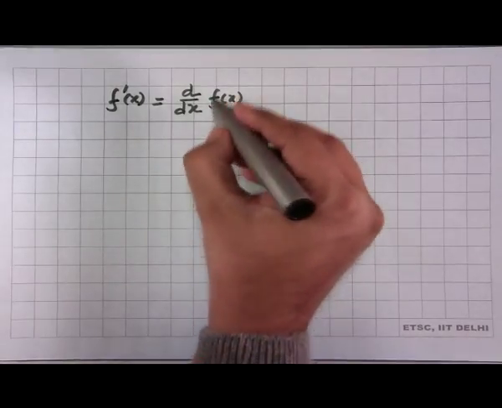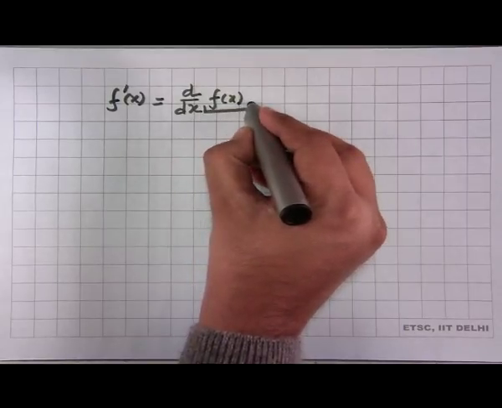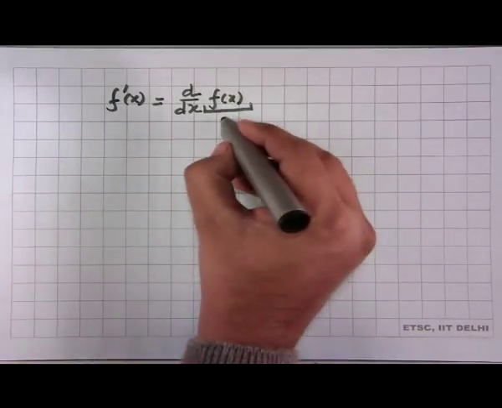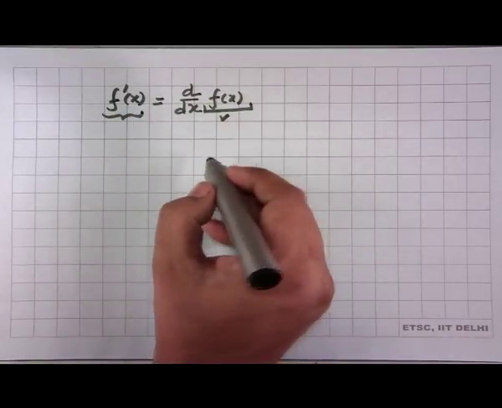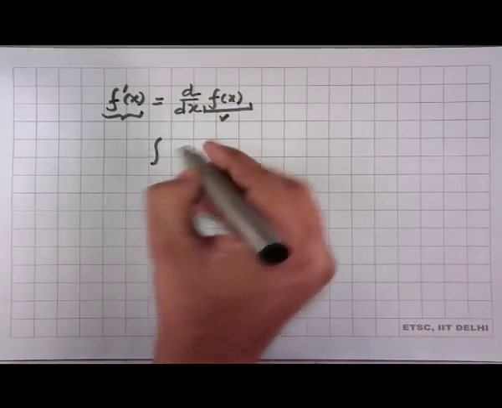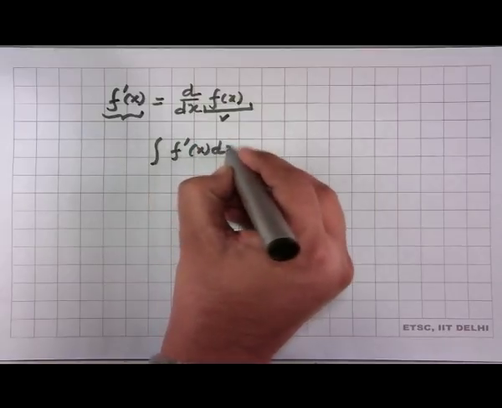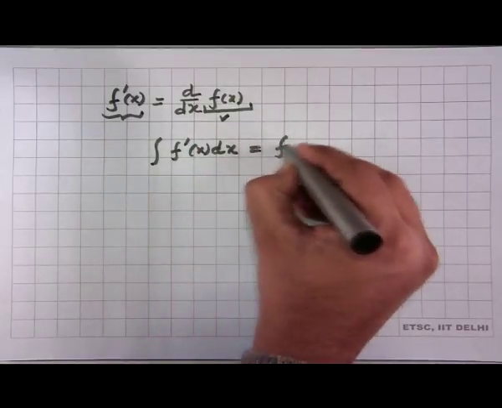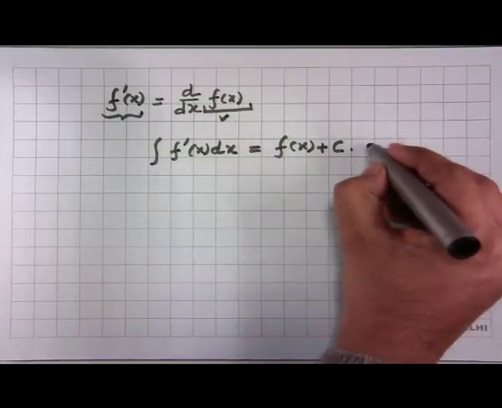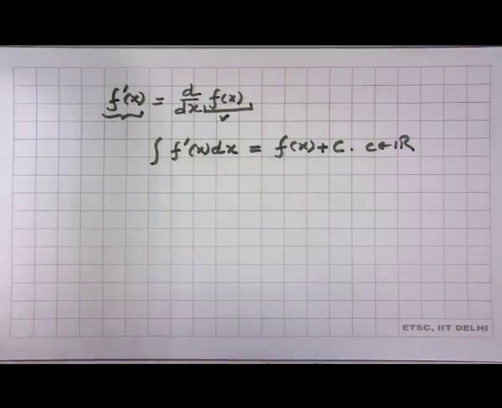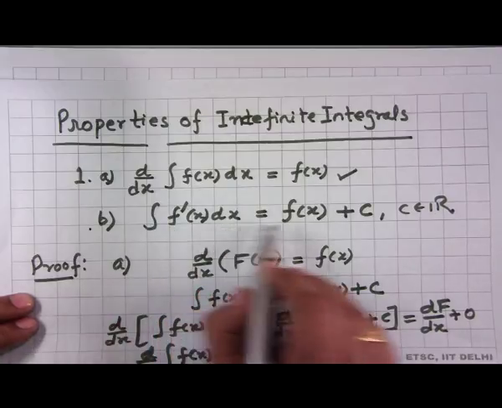Now, if you look at it again from the perspective of the definition of antiderivative, then small f x is an antiderivative for f prime x, and therefore, using the definition of integral, we can write that integral of f prime x dx is f x plus c for c belonging to the set of reals, and this is the same as property B, integral of f prime x dx equals f x plus c.